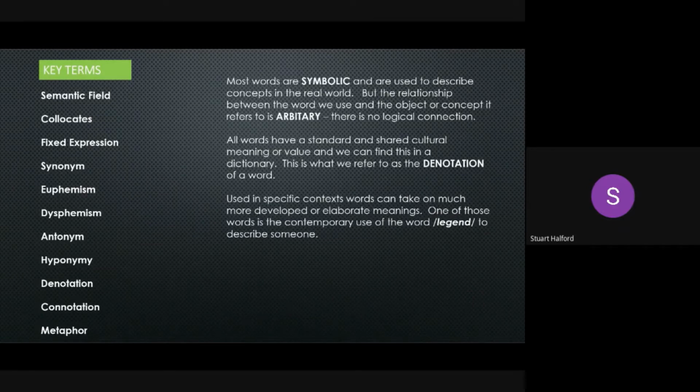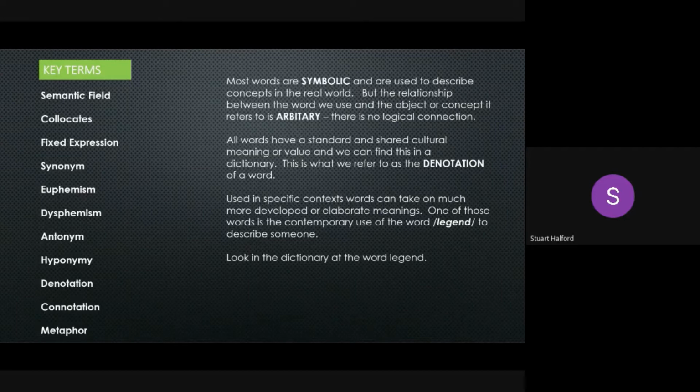So used in specific contexts, words can take on much more than their denotation. They can have a much more developed or elaborate meaning. And one of those words, for example, is the way we use the word legend to describe somebody. So if you're going to have a look in the dictionary at the denotation of the word legend, it has a very specific meaning.